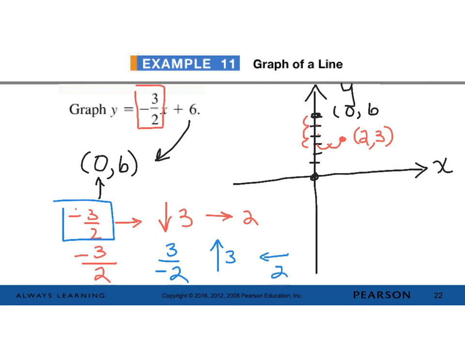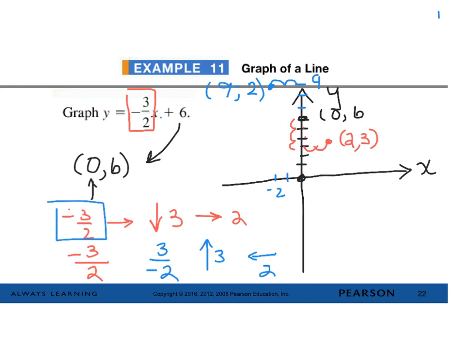Now what happens if I do that? Well, if I go up 1, 2, 3, that means I'm now up here at 9. And when I go left 2, that's going to be 1, 2, which is going to put me at -2. So that point right there is 9, -2.